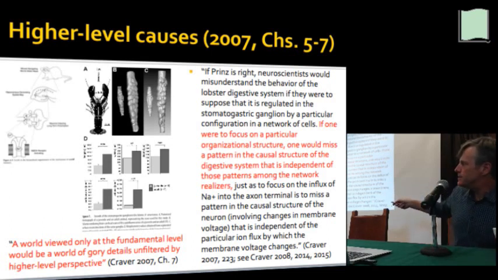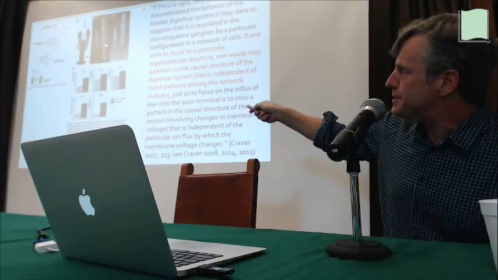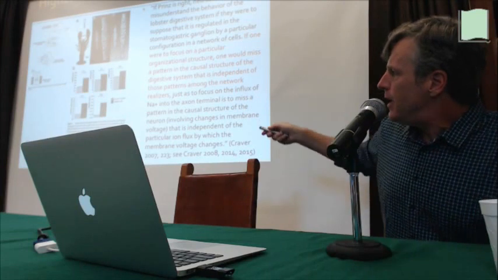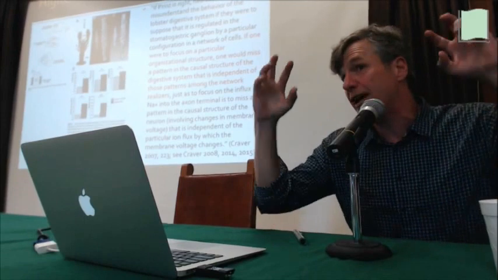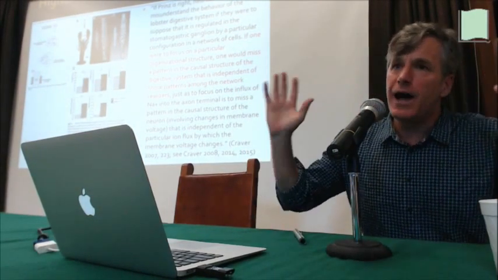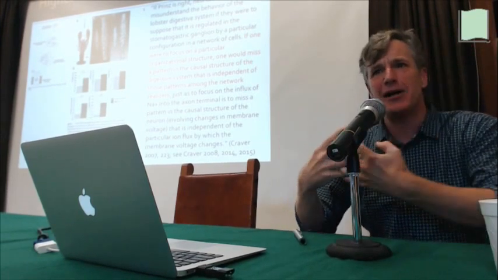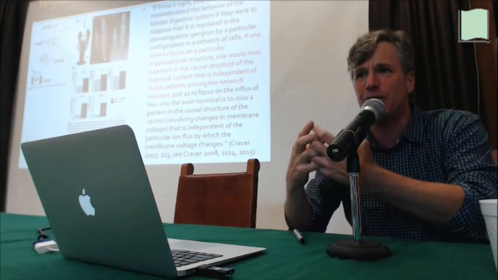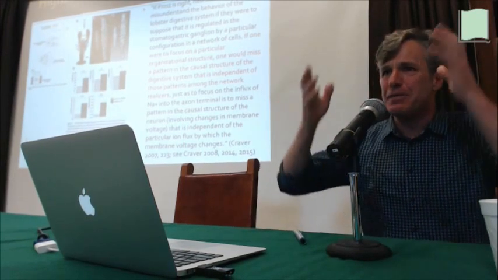So here's a lobster, this is the stomatogastric ganglion. What they found in simulations and in actual electrophysiological work was that there are something like 500,000 ways of connecting the cells in the stomatogastric ganglion of the lobster that will produce the rhythm that's required for the pyloric valve to open and close and for the digestive process to continue as it should.